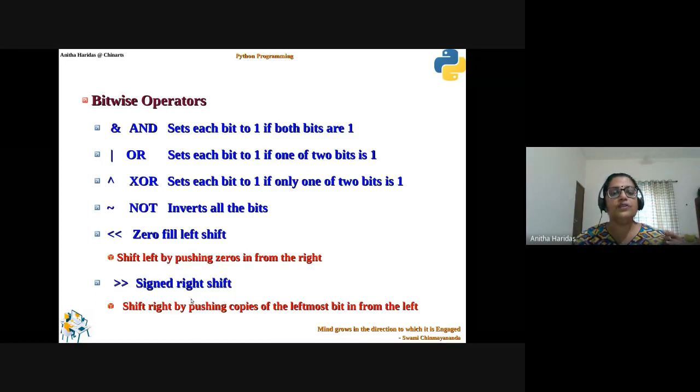Whereas for right shift, it matters whether it is a signed or an unsigned value. If it is signed, it will be taken as arithmetic right shift, whereas if it is an unsigned value, it will be taken as logical right shift. So this point you have to remember under bitwise operators.